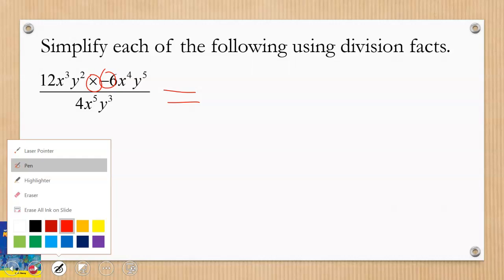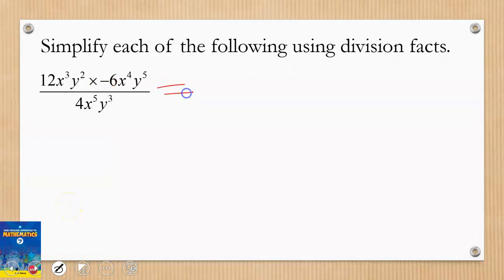Because we have a factor, 4 here can divide 12 as 3. It is better we do the division than to think of multiplying 12 and 6, which will give us a huge number, and dividing it becomes difficult because remember we don't use a calculator here. So you have to use strategy to eliminate the division. If I do 12 divided by 4, I have 3. Then 3 times negative 6 will give us negative 18. So I'm done with the numerical part of the expression.